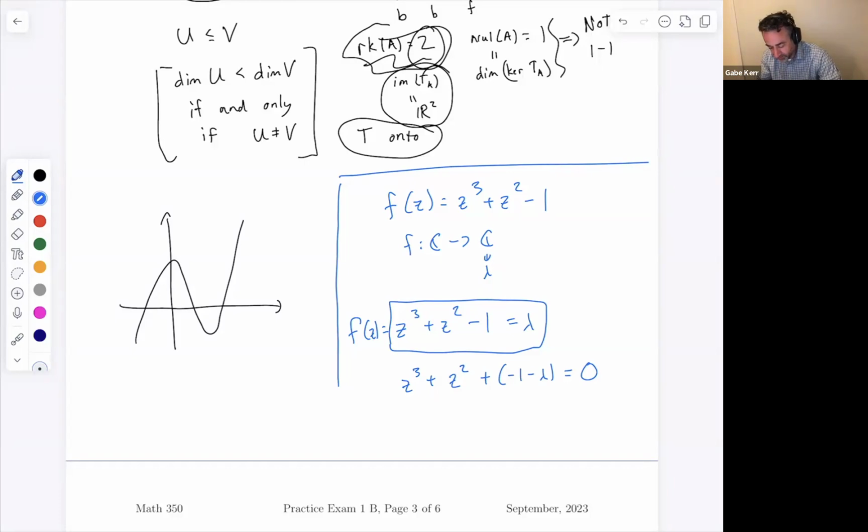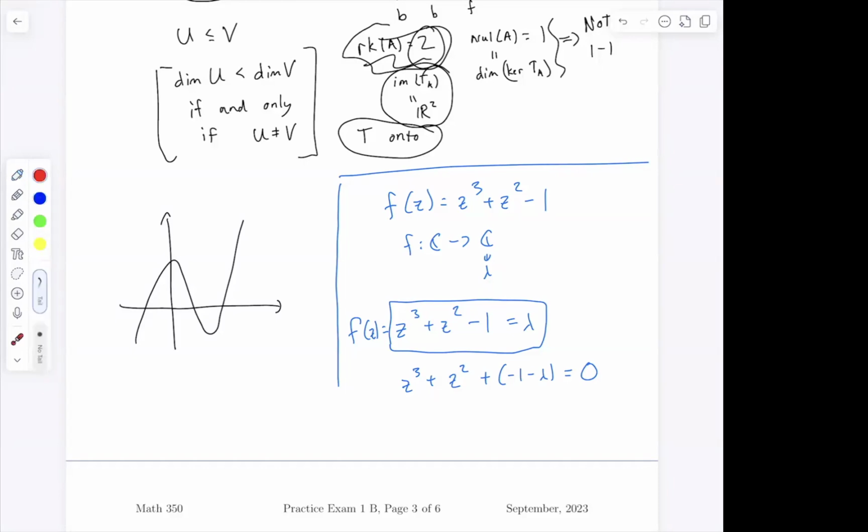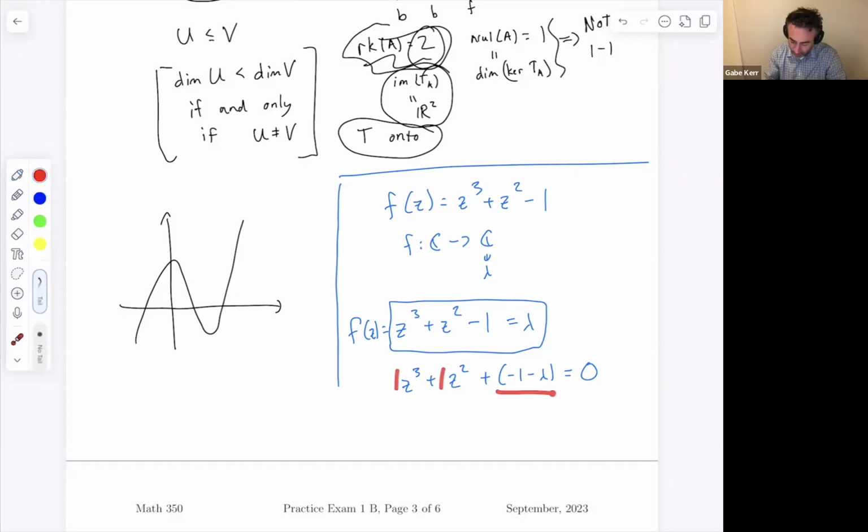All right, anyway, this is a cubic polynomial, and the coefficients are complex numbers. So we have 1, 1, and this complex number, whatever it is. There's this thing called the fundamental theorem of algebra, which we didn't prove, but we did state it.